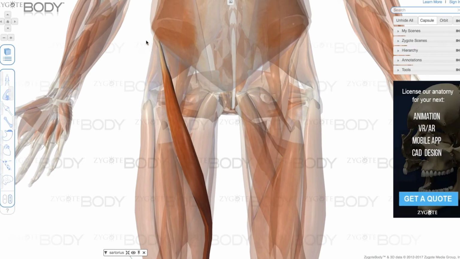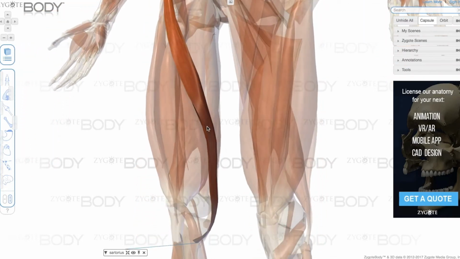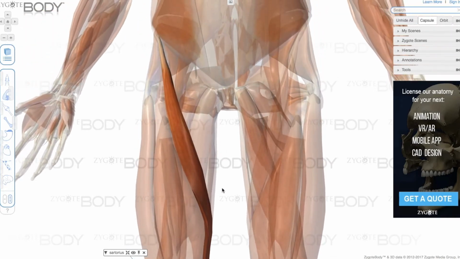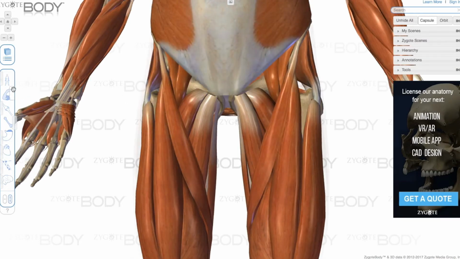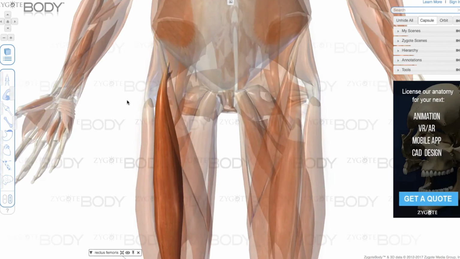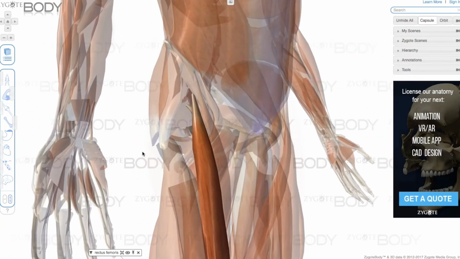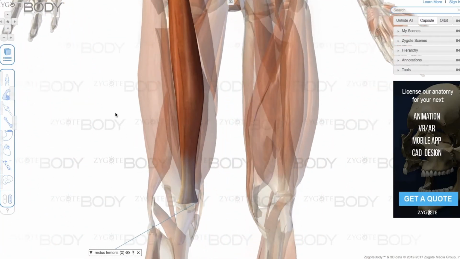This is your sartorius muscle, and it runs diagonally to the medial side of the knee. And the other one is basically part of your quadriceps muscle. It's your rectus femoris, and this one basically runs from your hip all the way down to your knee.